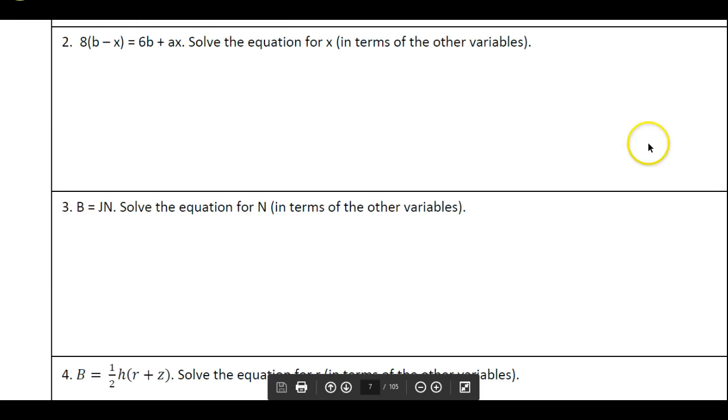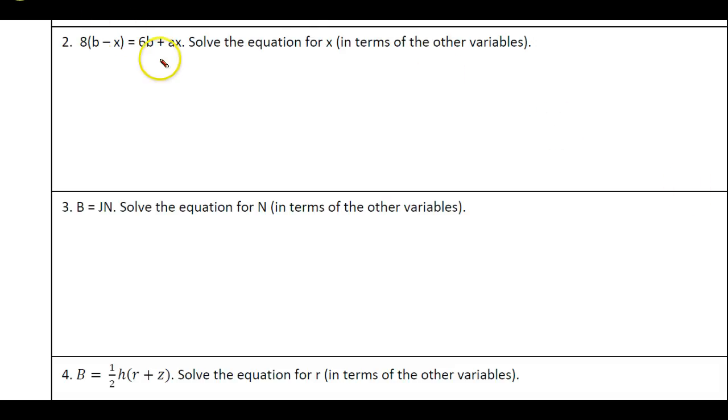All right, we'll give you a moment to work example 2. Again, we want to solve for x. So 8b minus 8x equals 6b plus ax.